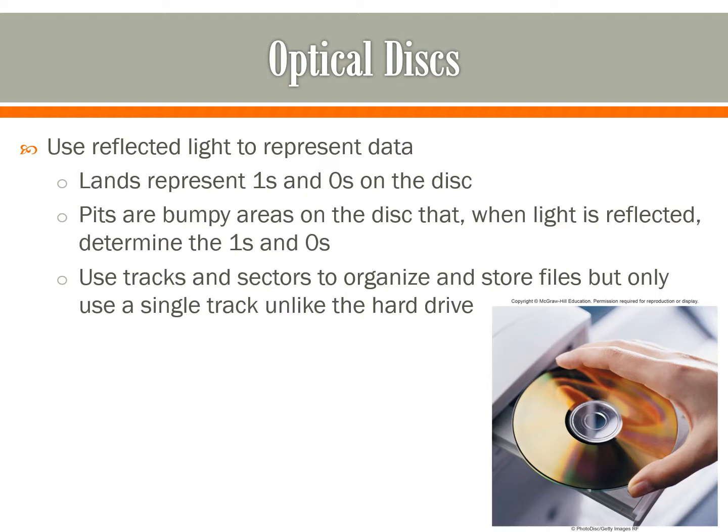Here you can see it uses light, specifically laser, to write on the optical disc, and the content is again stored or organized as tracks and sectors on the disk.